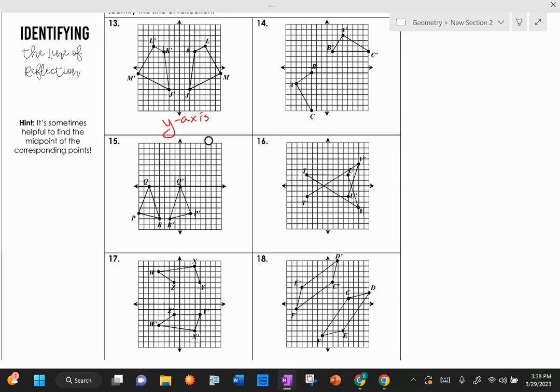On the front page, we were flipping over the y-axis or x-axis, or over y equals 3 or x equals negative 2, or the last two that we just did, we were flipping over y equals x or y equals negative x. So you just need to name which ones those are.